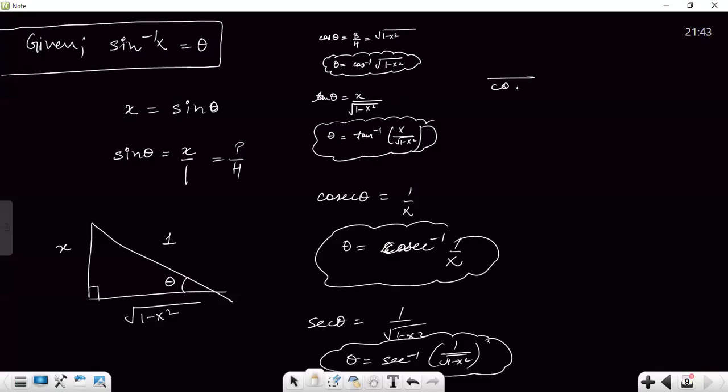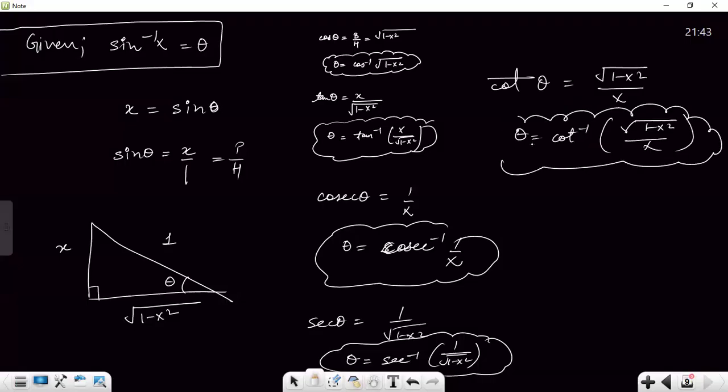Similarly, cot theta is base upon perpendicular, or 1 by tan theta, which is square root of 1 minus x square by x. So theta becomes cot inverse of square root of 1 minus x square divided by x. Another expression that we wanted to find out.